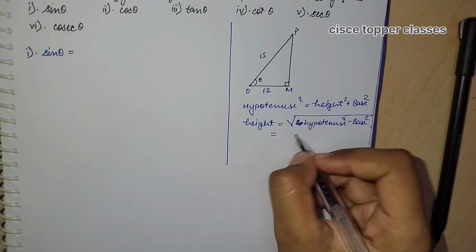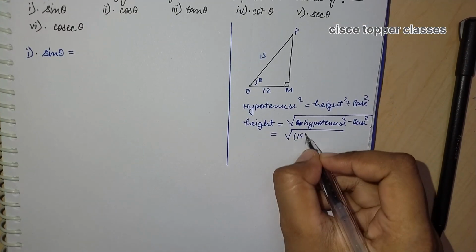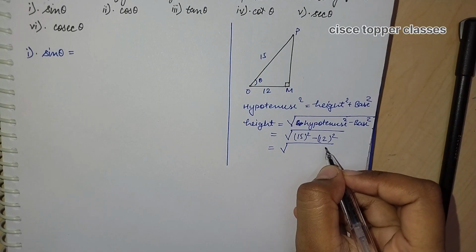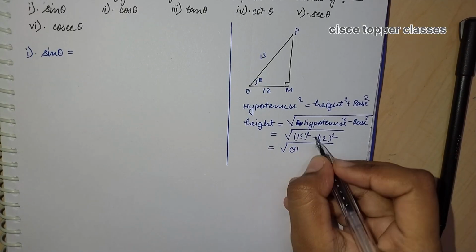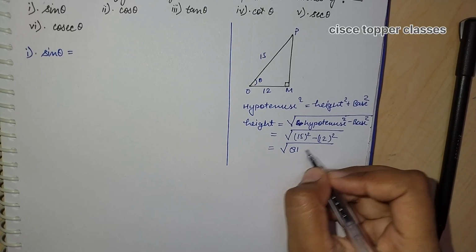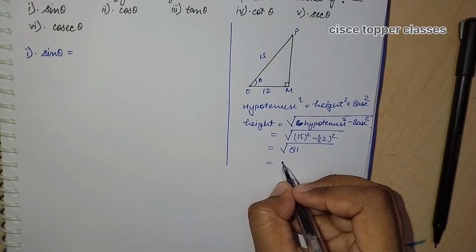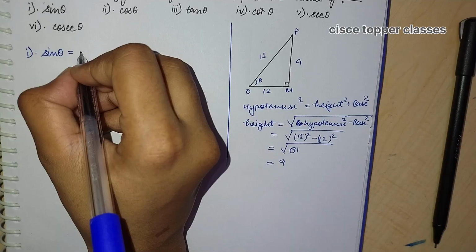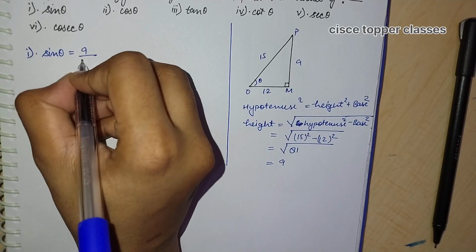So I'll put the value of hypotenuse 15 whole square minus 12 whole square. So this will be 81, on calculating 225 minus 144, 81. We'll take the under root, so this will be 9. So here 9 is the height. From there we can write height by hypotenuse as 9 by 15.